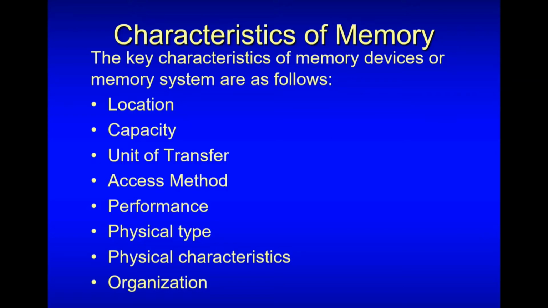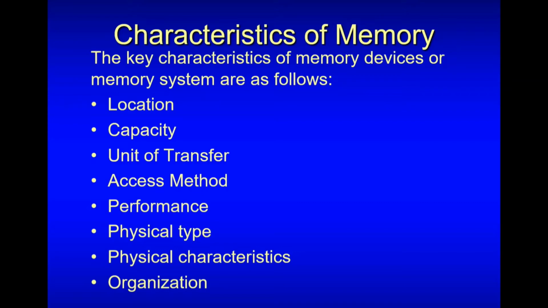The key characteristics of a memory device or memory system, as mentioned in the slide, are location, capacity, unit of transfer, and access method. There are a few more, which are performance, physical type, physical characteristics, and organization.